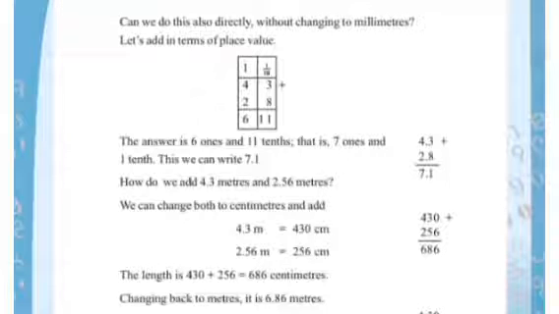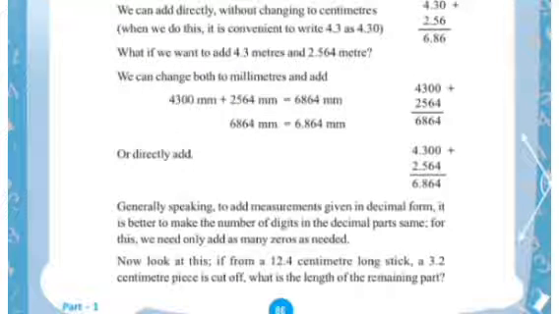Then the overall result that we obtained is 7.1 centimeters. Then how can we add 4.3 meters and 2.56 meters? Just imagine there is no decimal point. It's 43 and 256. If we provide a 0 to the right of 43, it is 430. Just add them. Then we get the result 686. Then we put the decimal point there, that is 6.86.